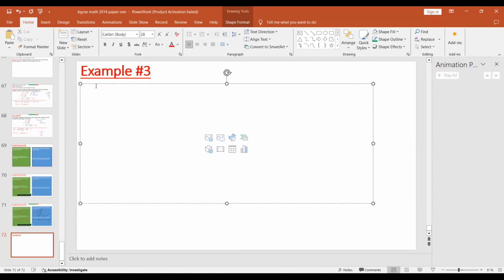This one says Farmer Henry. Again, write this example down for me, please.